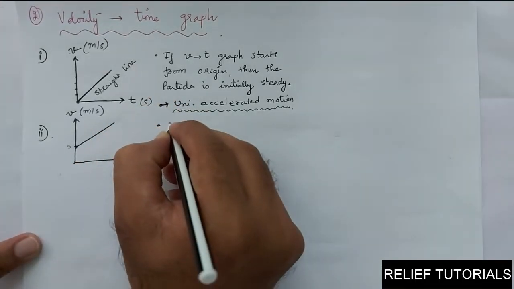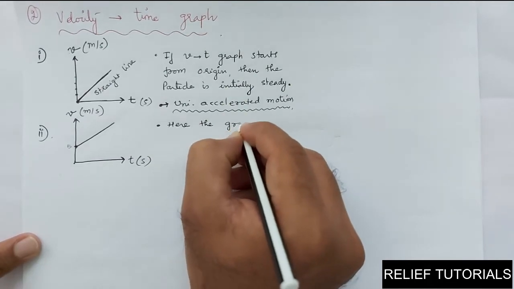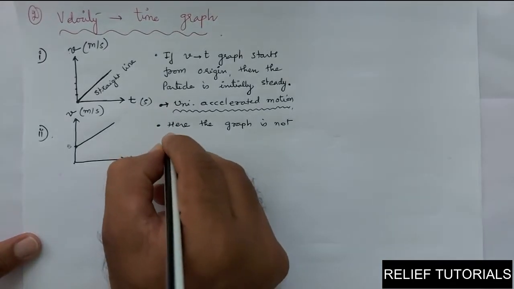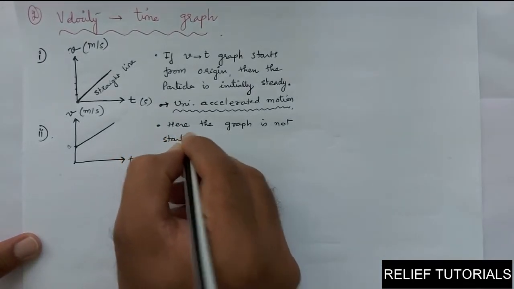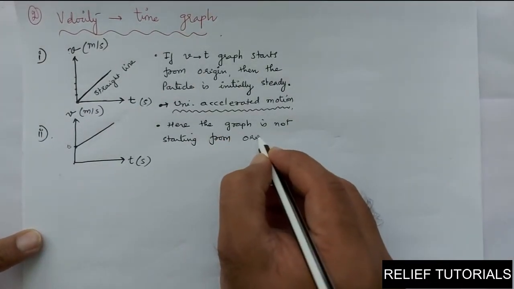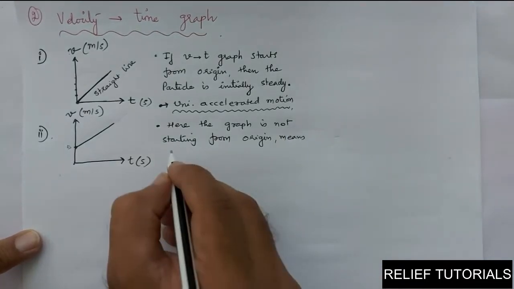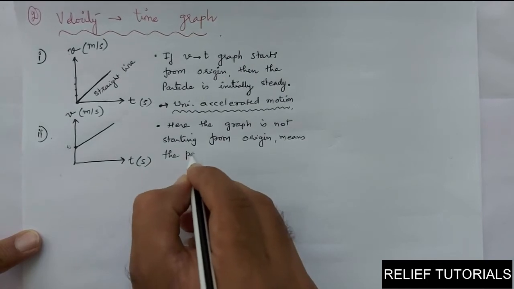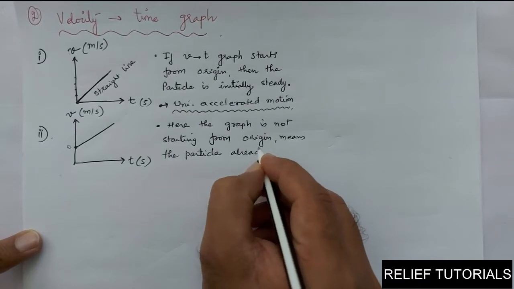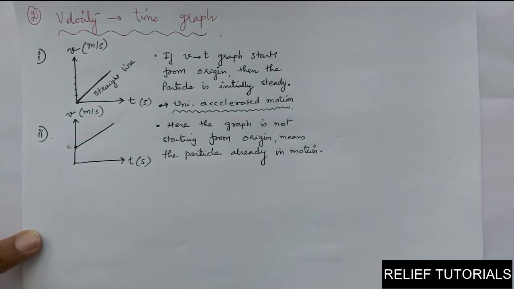So what we can write here: the graph is not starting from the origin, which means the particle is already in motion.